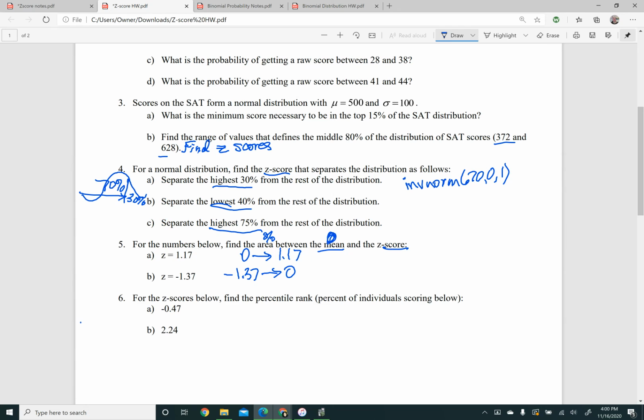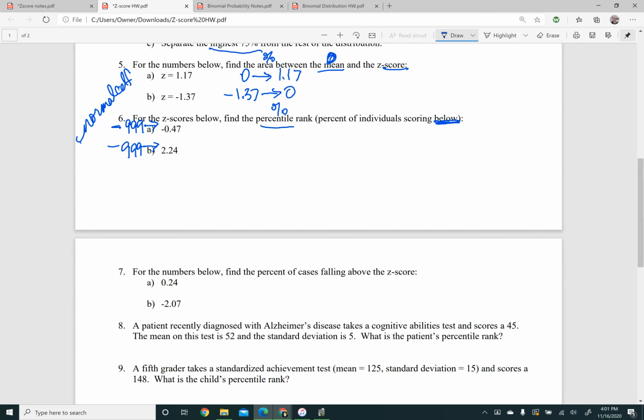So you're going to normal CDF these because you're finding the percents, right? This one says find the percent of the individual scoring below. So if we're scoring below, we're going to do negative 999 to this value. And in number 7, it says scoring above this number. So you're going to go to 999 on these.